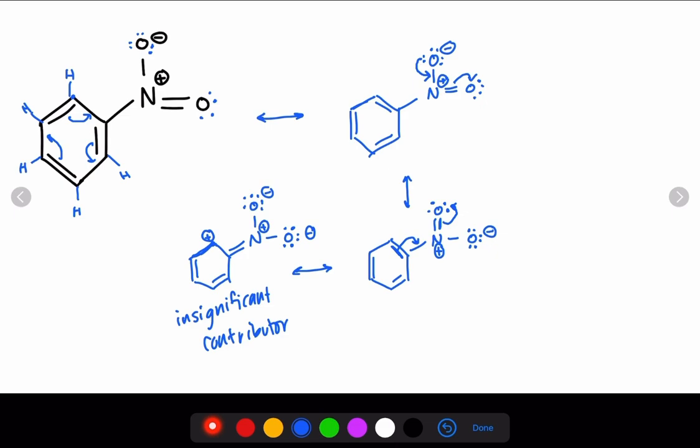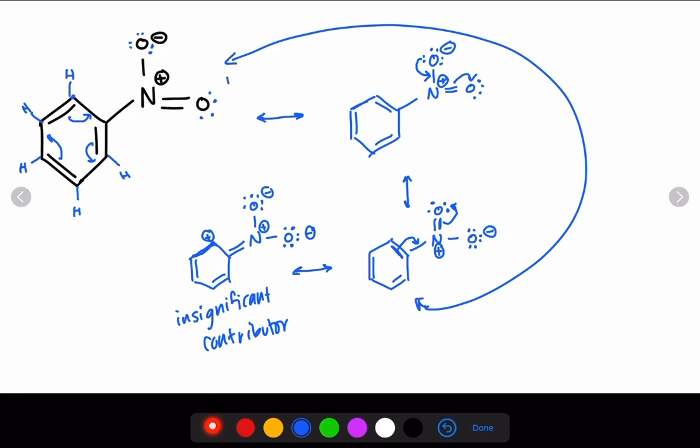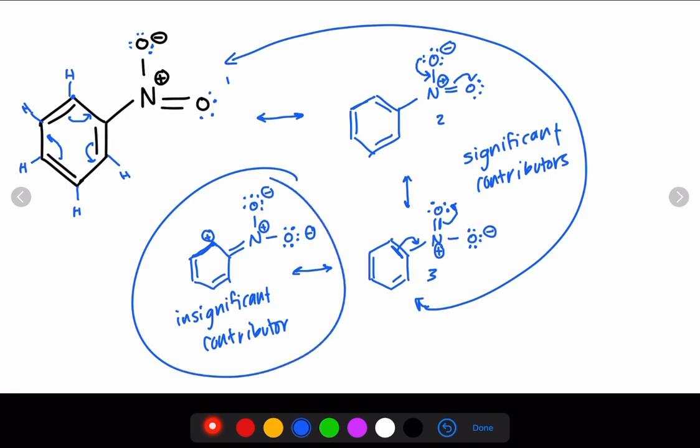So these 3, 1, 2, and 3, we would call the more significant contributors. Now on a test, they will likely ask you more about the significant contributors. They will ask you to make sure that the resonance structures you draw contain only the significant contributors, so you don't want to go ahead and draw something like this.